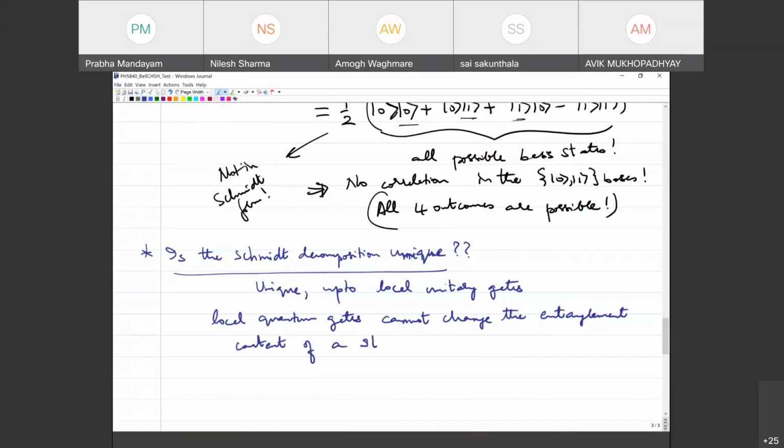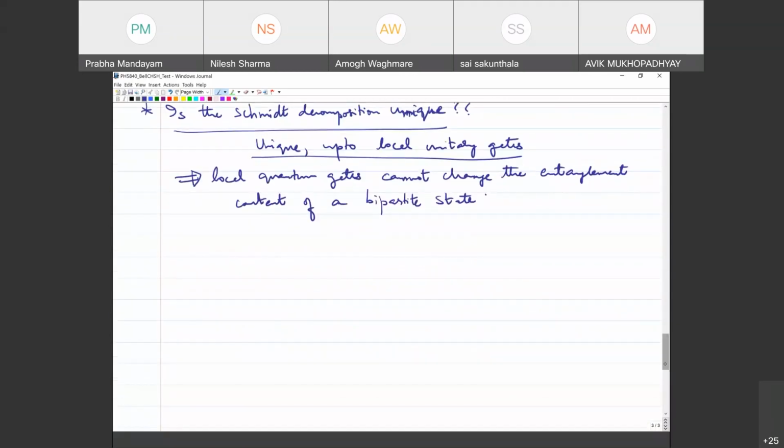We say bipartite or multipartite state. So you can change the local bases via local gates, but you cannot change, for example, the Schmidt coefficients. You cannot change the Schmidt rank. You cannot change the entanglement entropy.